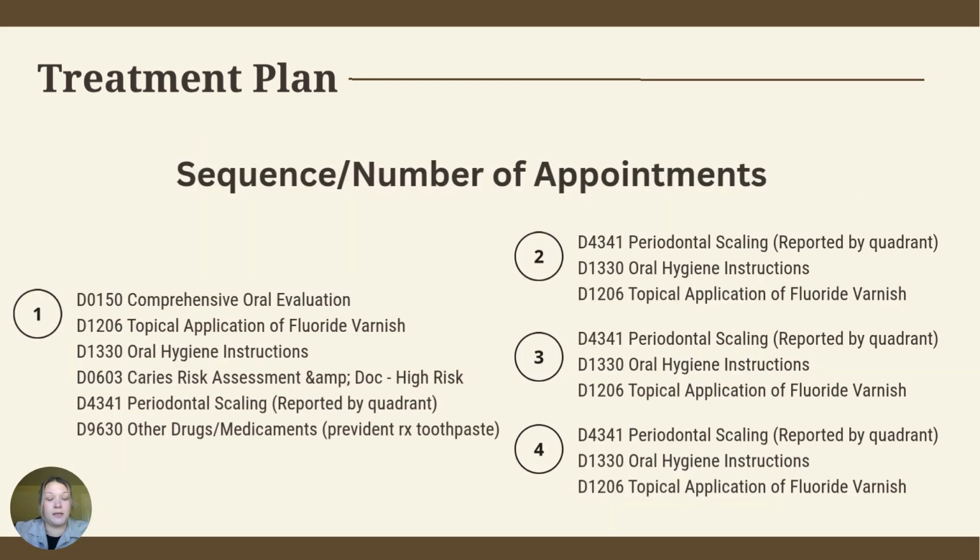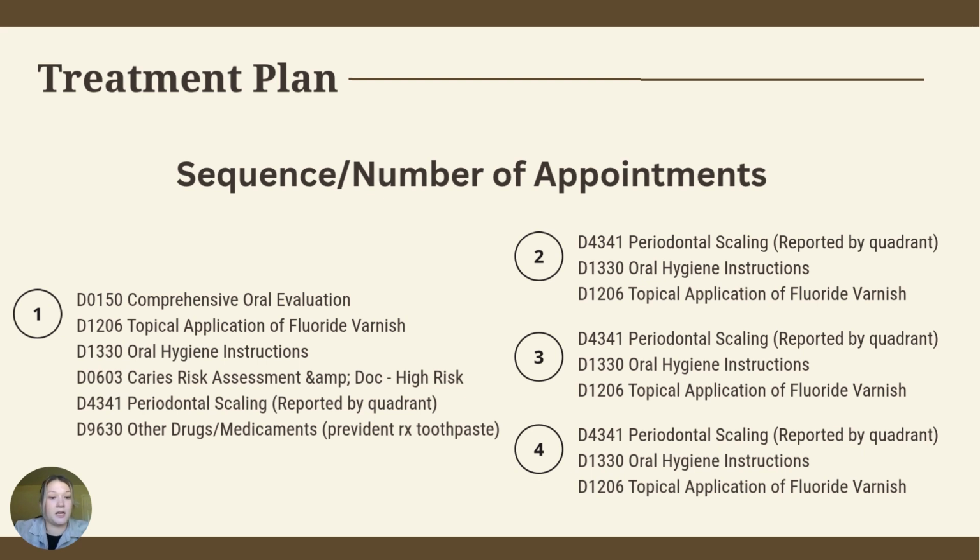Here's our treatment plan in a sequence, and it shows the number of appointments. So the first appointment, we did a comprehensive oral evaluation. We applied fluoride varnish. We provided oral hygiene instructions. I did a caries risk assessment.